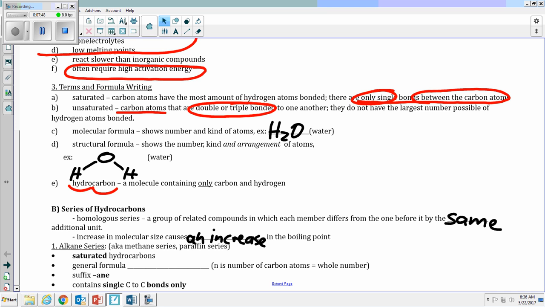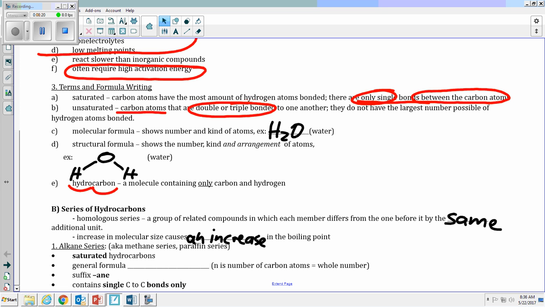So the first series of hydrocarbons we're going to look at more closely is the most basic one. It's saturated hydrocarbons. That means between the carbons in any compound that belongs to that series are always single bonds only. You will also find that each carbon is bonded to one or more additional carbons and possibly two hydrogens.